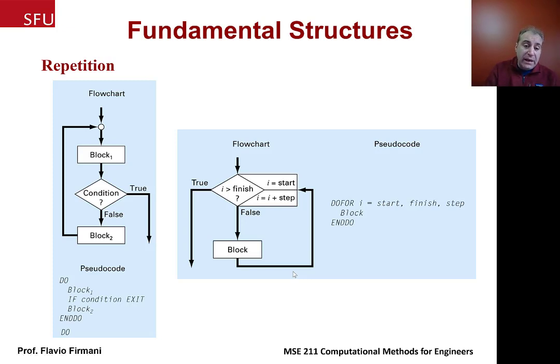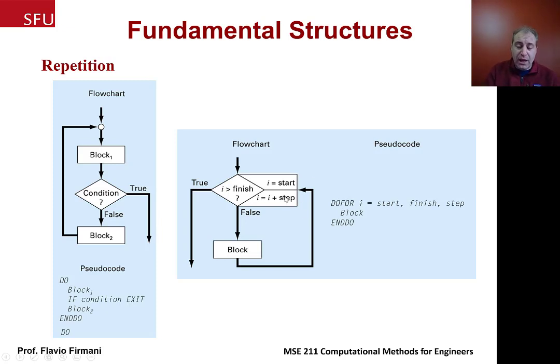And for repetition, when you have these loops, what you're going to do is go into that condition, and this is an example of a while loop. If that condition is true, you get out of the loop. If it's not, then you apply a particular instruction, and then you go back and repeat everything until you reach a condition where it is true, and then you get out of that loop.